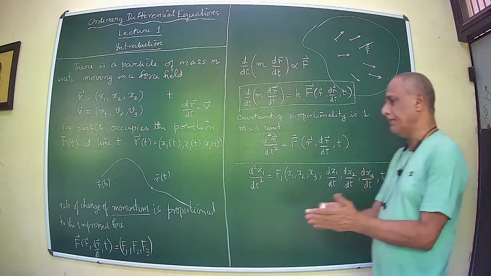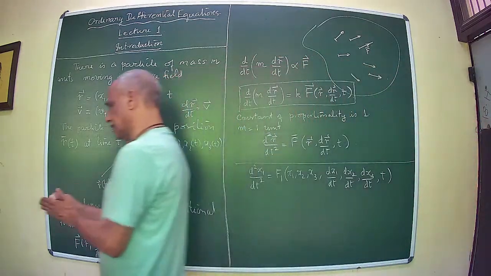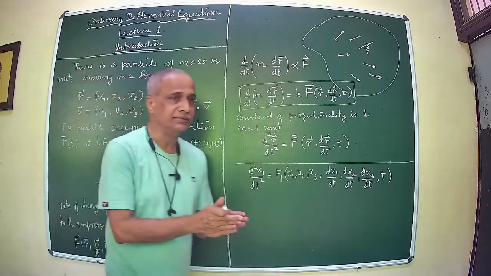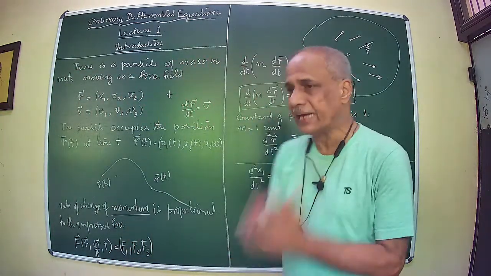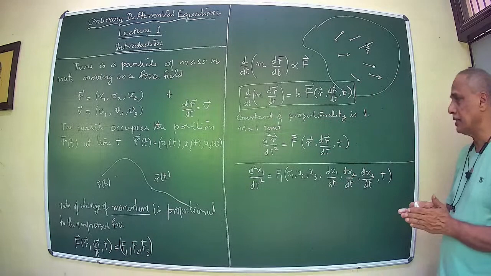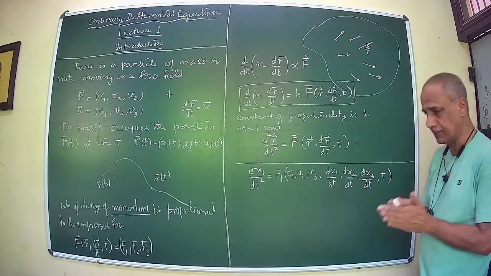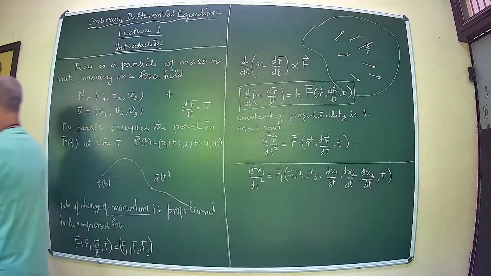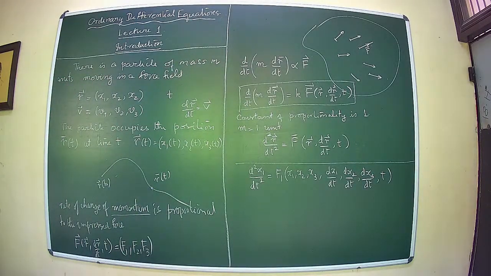So we say that we know the particle if at time t the position coordinates of the particle are known, as well as the velocity of the particle.